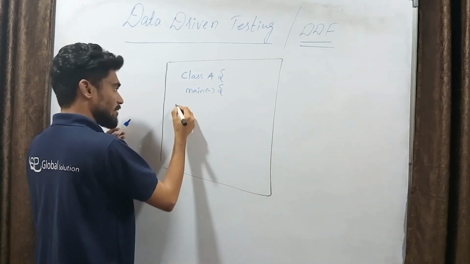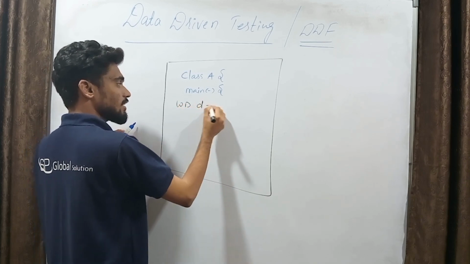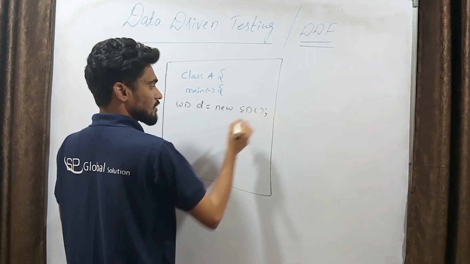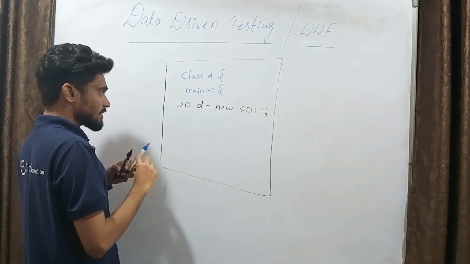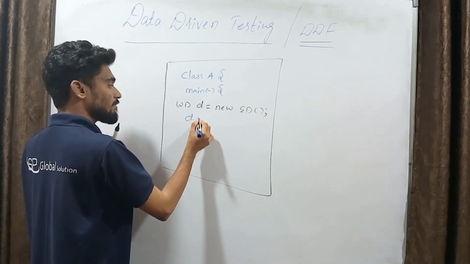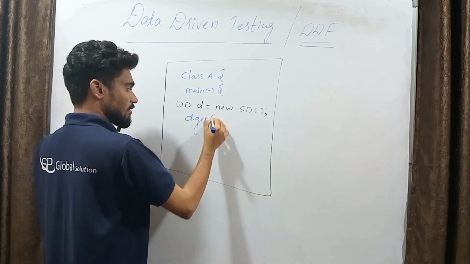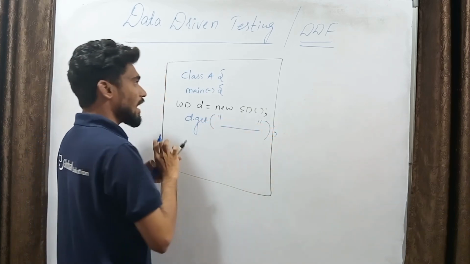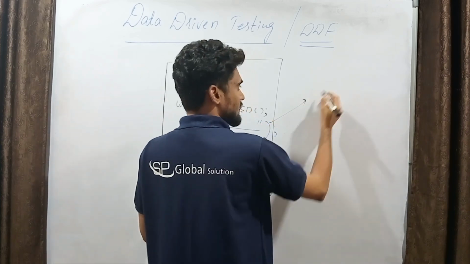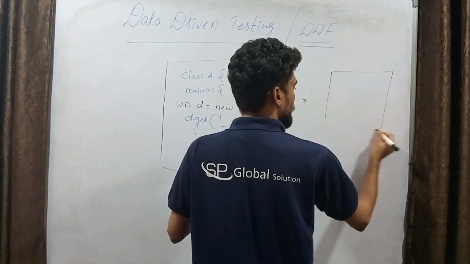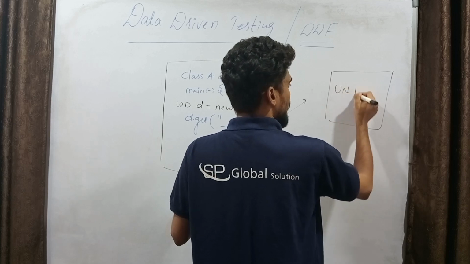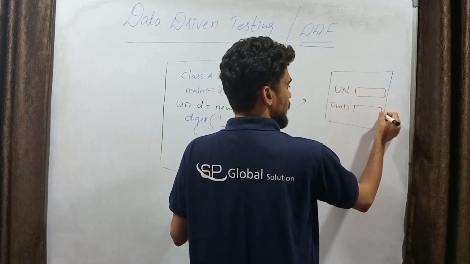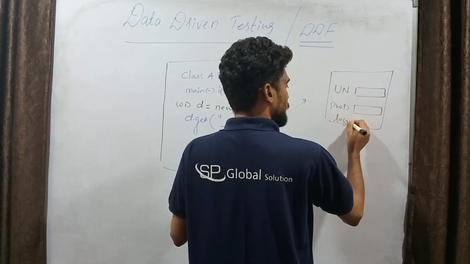Then WebDriver driver is equal to new EdgeDriver, the upcasted statement, and I am opening one application here with driver.get. You can open any application, and this application contains three web elements: username, password, and the login button.